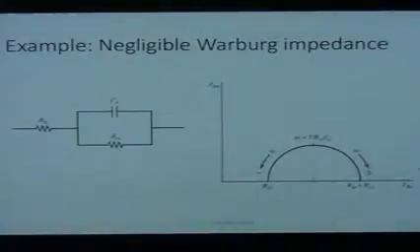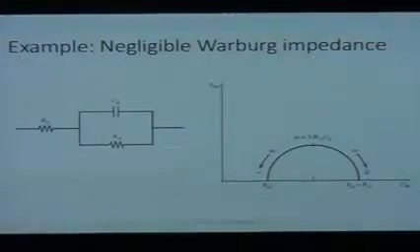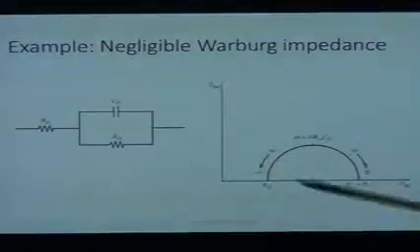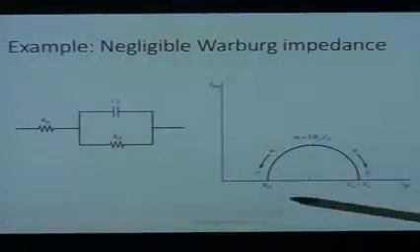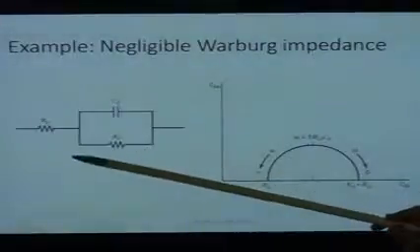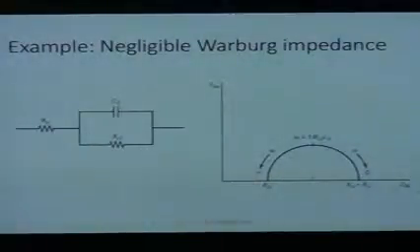This is what you would find. It looks a lot like what we had for the parallel RC network, right? Well, that makes sense because that's what it is. It's our parallel RC network only offset by a finite resistance, which is the solution resistance. So instead of starting at 0, it starts at the solution resistance point, okay?